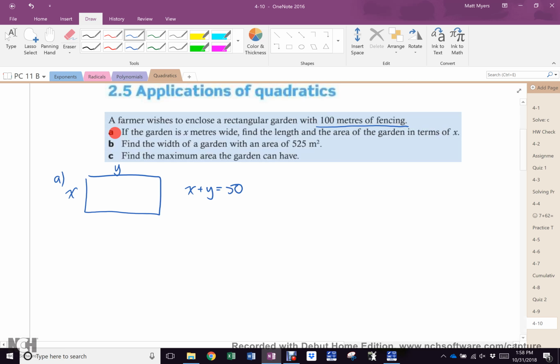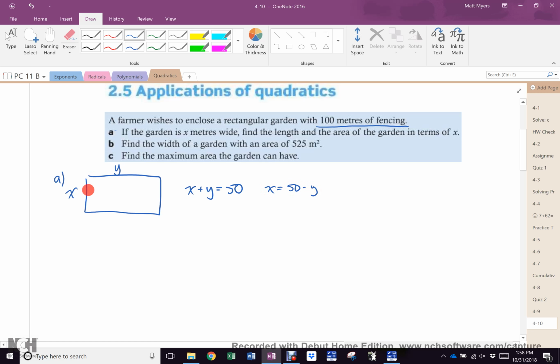We're on to A. Find the length and the area in terms of X. You can't find X. You isolate X. So, what does X equal? 50 minus Y. All right.